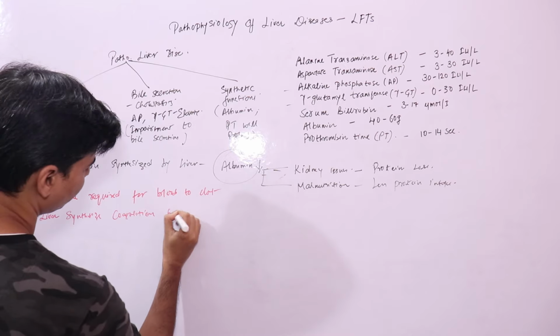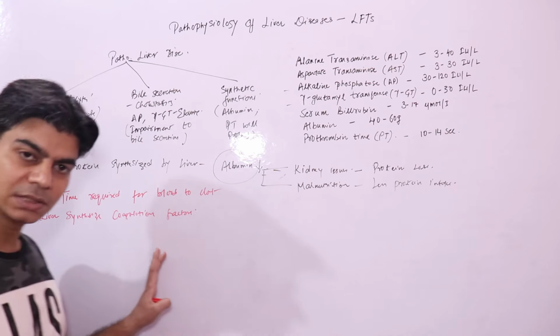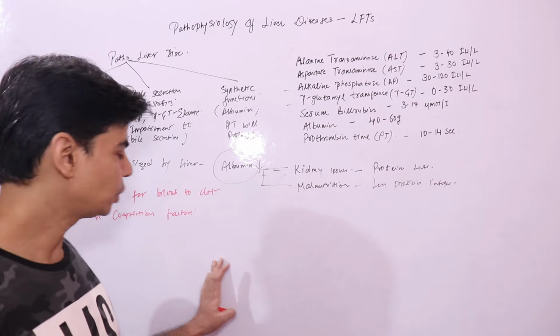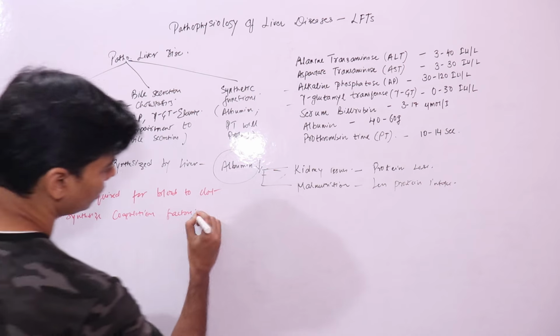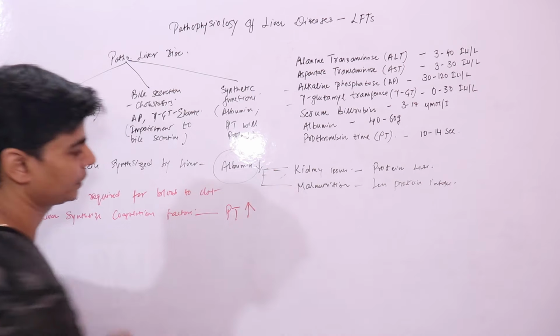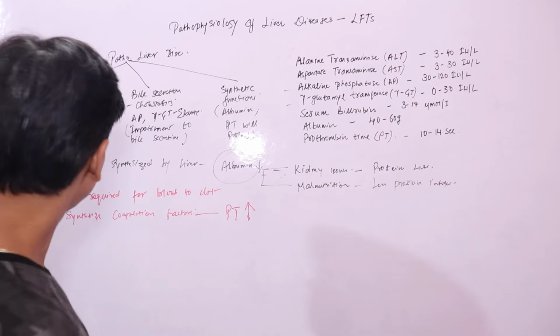So anything that is affecting the synthesis of coagulation factors in your liver will prolong your prothrombin time. That is, prothrombin time will increase, right?